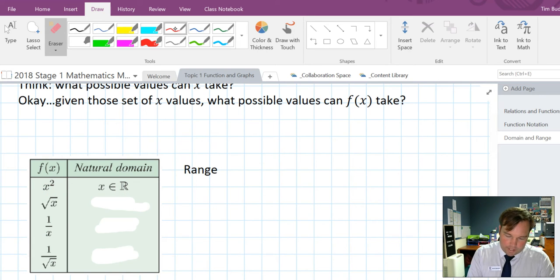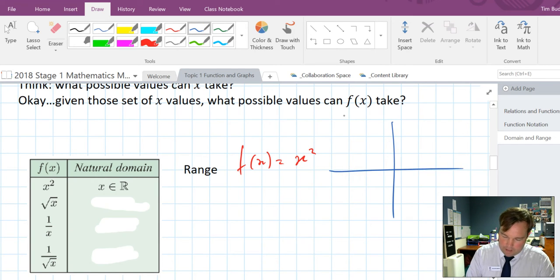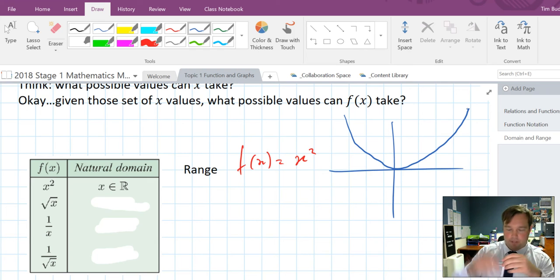Alright, now given that x is a member of the reals, what about the range of f of x equals x squared? Well, if you think about what that looks like on the graph, as you all know that f of x equals x squared looks like this. So no matter what value of x we put in there, x squared is always going to return a positive.